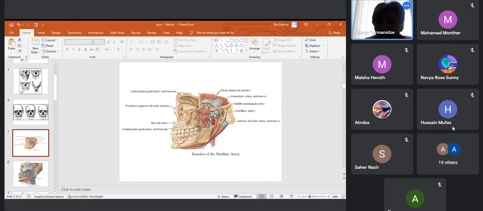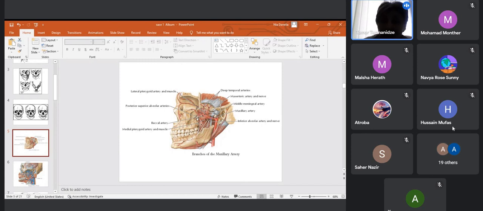It gives off deep temporal arteries, masseteric artery, and buccal artery: deep temporal artery for the temporalis muscle, lateral pterygoid artery for the lateral pterygoid muscle, medial pterygoid artery for the medial pterygoid muscle, and masseteric artery for the masseter muscle.